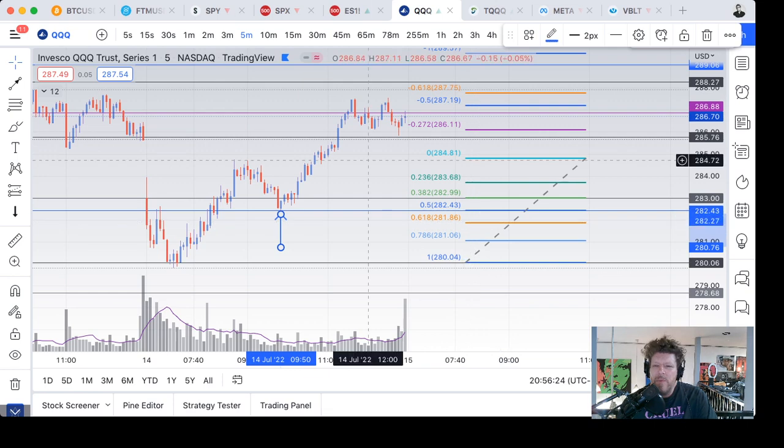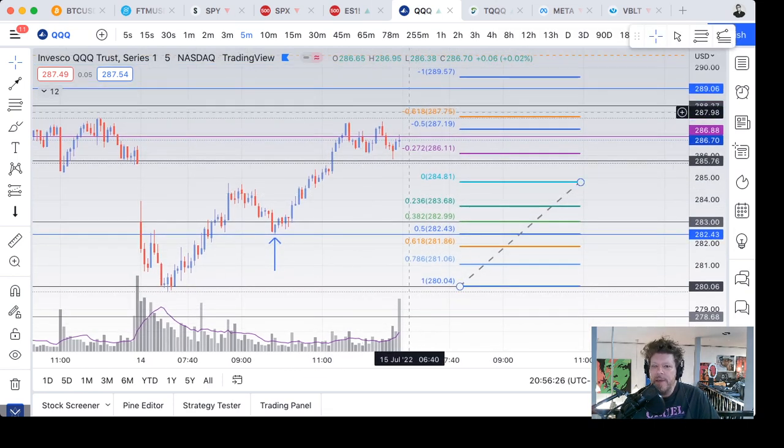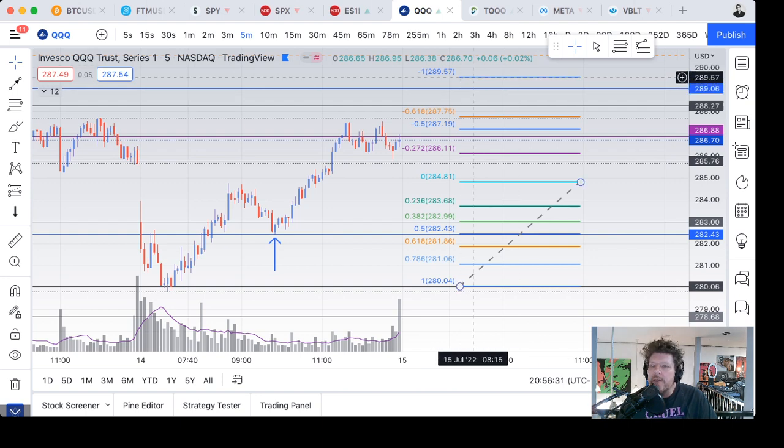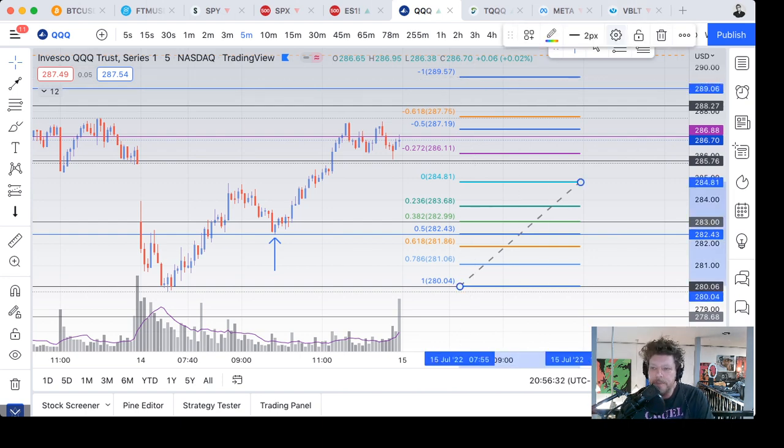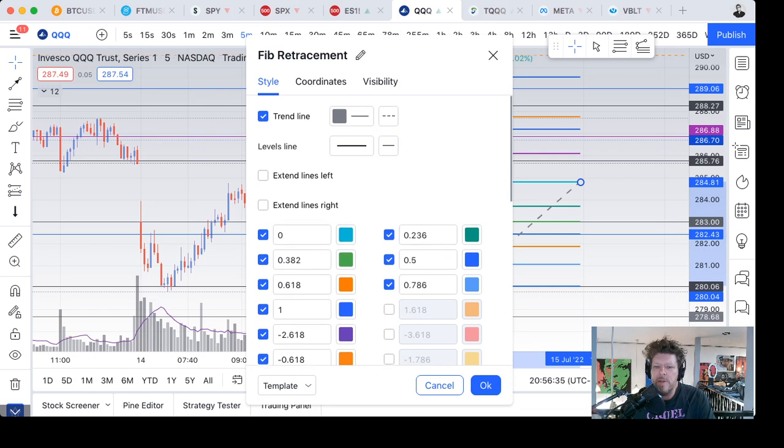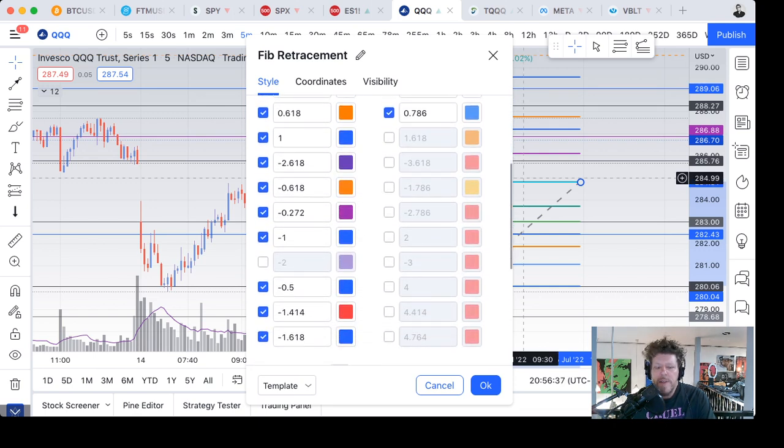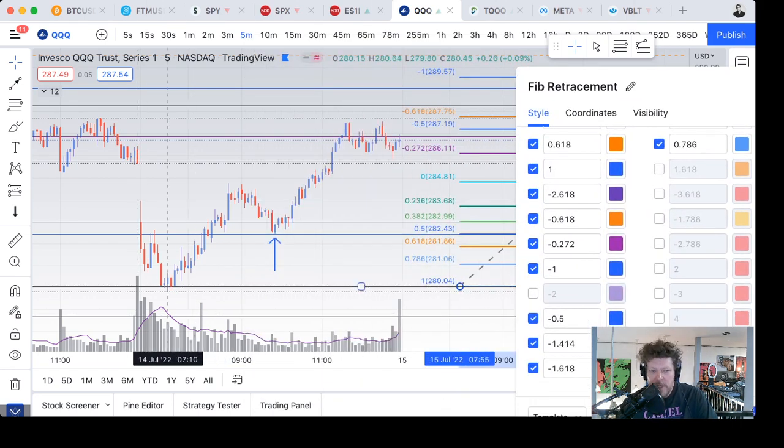And so again, I did want to touch on why these have a minus in front. So I'm going to go back and click on this line, and that's going to give me my settings menu. You can see that I added this, and what this does is give me an extension. This is a retracement tool, so it's measuring 0.1 to 0.2 and then 0.2 to 0.3.